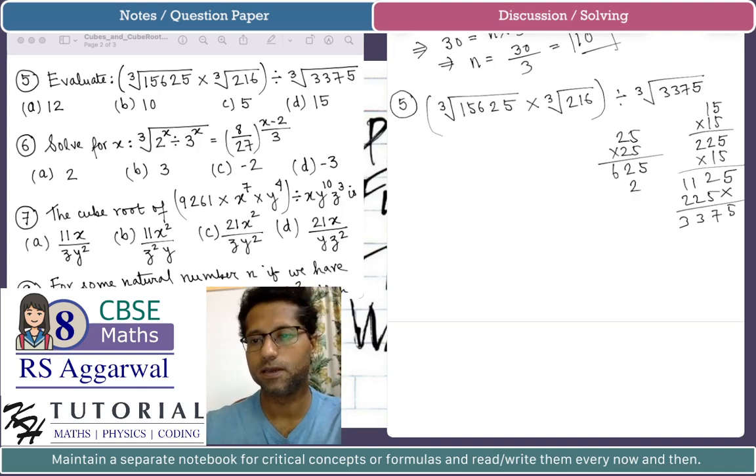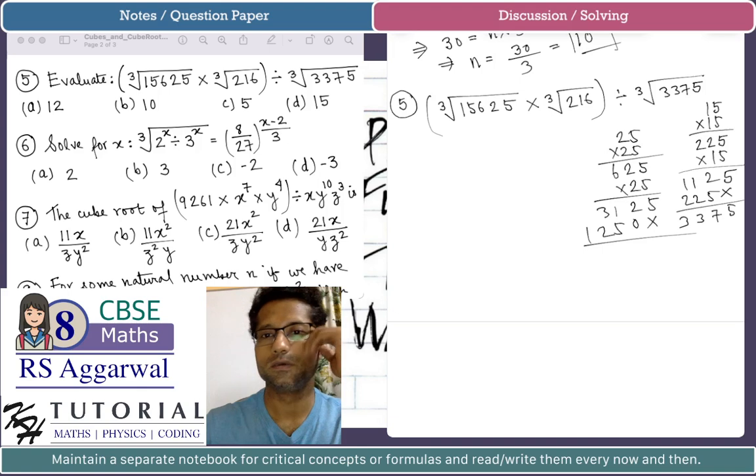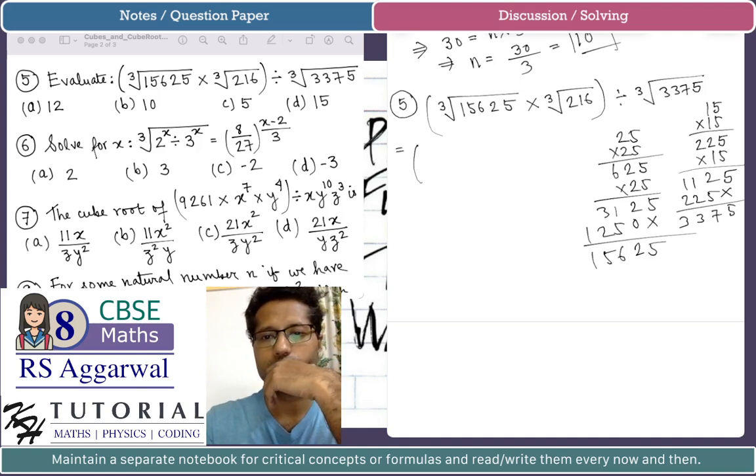Now if you multiply again with 25, we get 15625. So the cube root of 15625 is 25 cube.